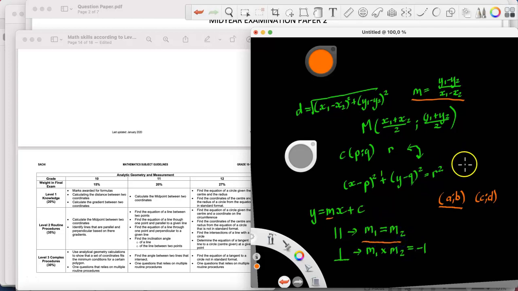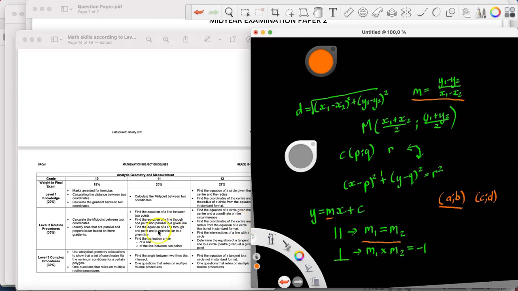So instead of having to calculate the gradient, I'm already given the gradient because lines that are parallel have the same gradients. To calculate the equation of that line is exactly the same because I already have m. Now I just substitute x and y with the point that was given.